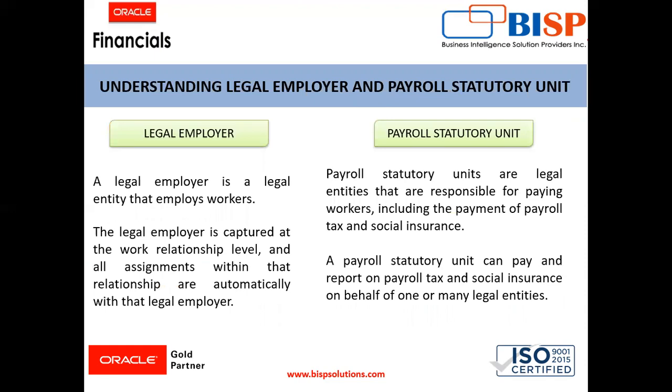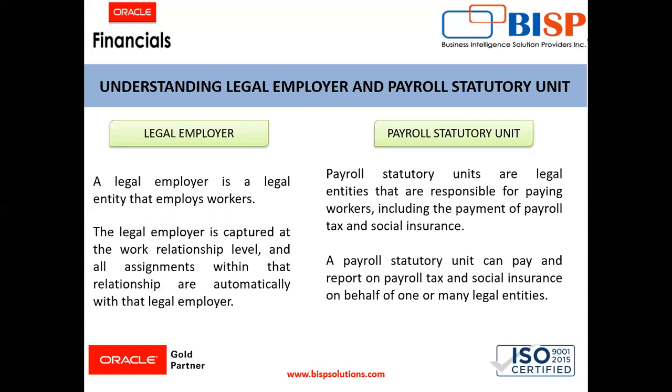Understanding more about the legal employer and payroll statutory unit. A legal employer is a legal entity that employs workers, and the legal employer is captured at the work relationship level, and all assignments within that relationship are automatically with that legal employer.